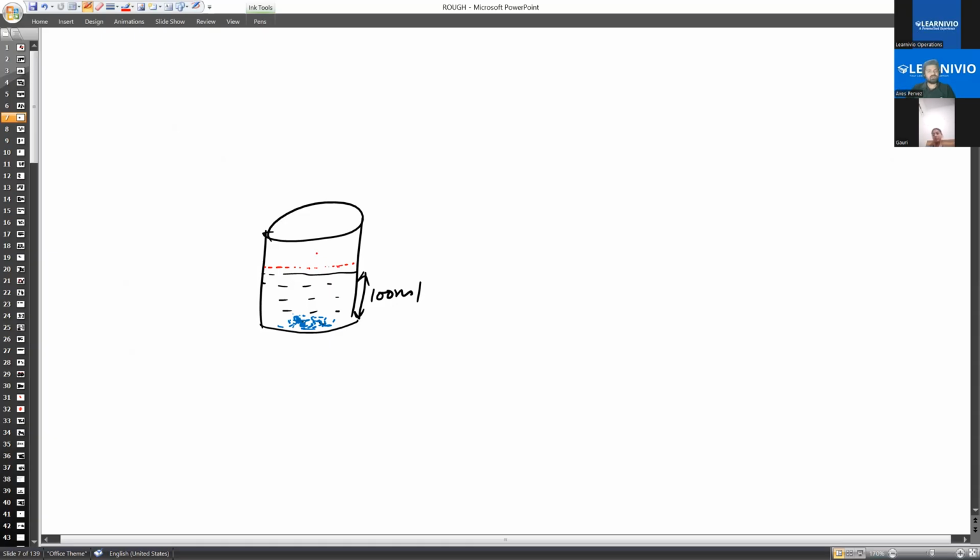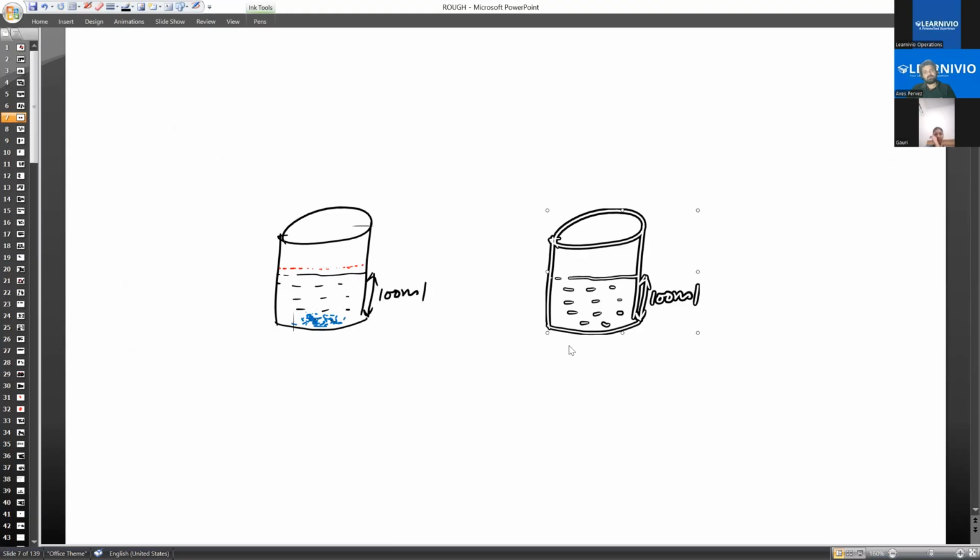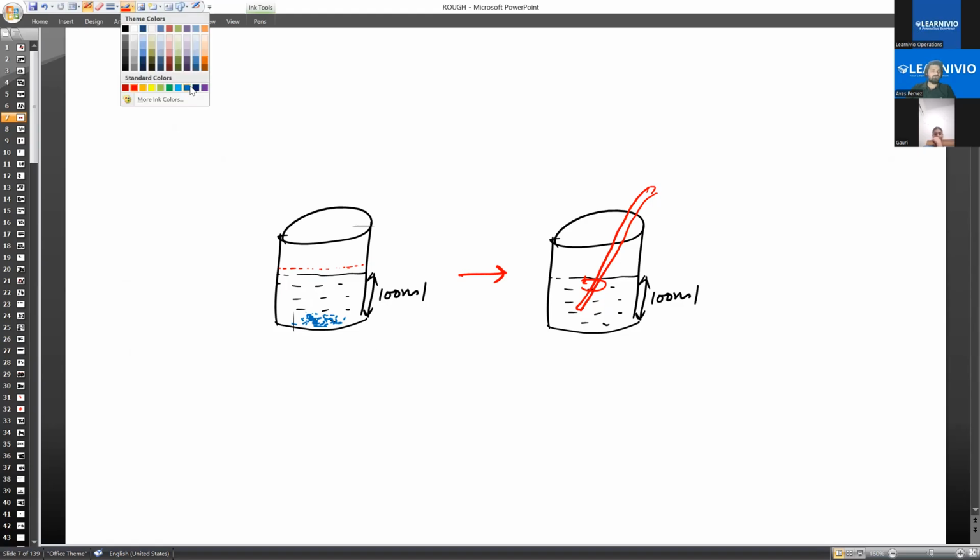But after you stir the solution and the sugar is dissolved, it goes into the intermolecular space.